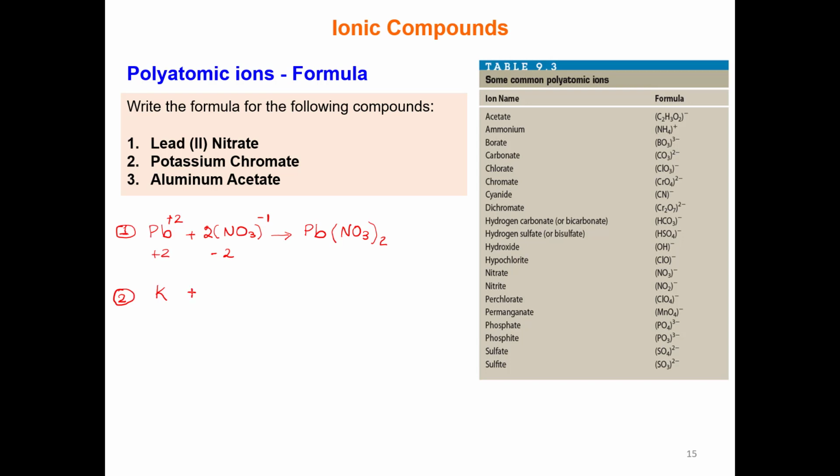plus, then let's see, chromate is -2. Let's write this one better. This one is -2.